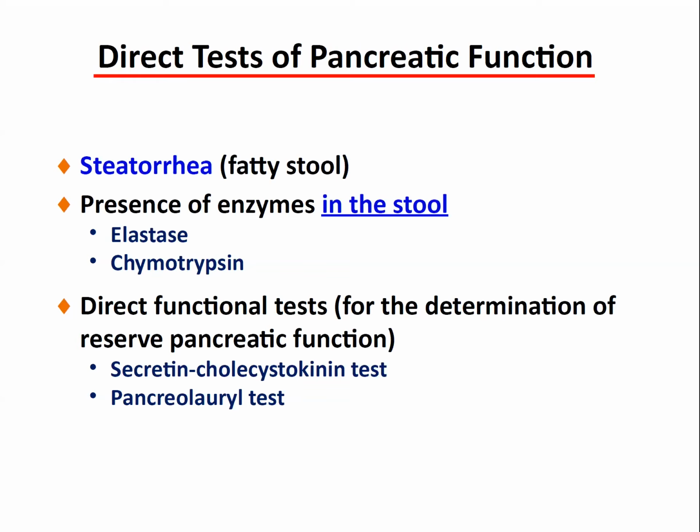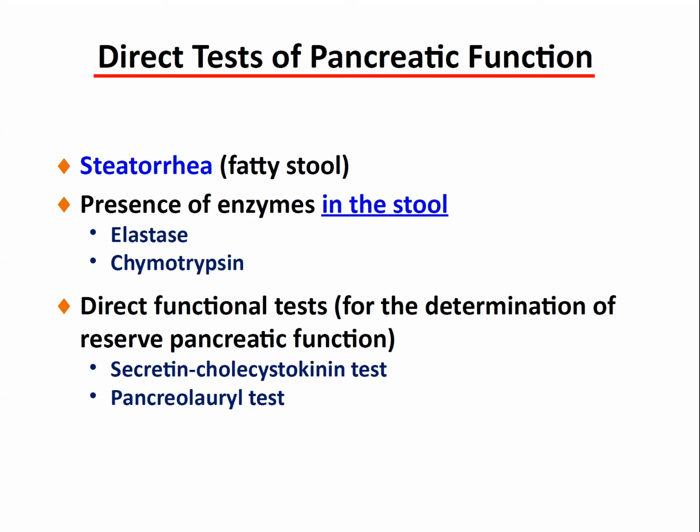Chymotrypsin, trypsin and amylase are not good because these enzymes are degraded during passage. As you know, every pancreatic enzyme is synthesized in a pro-enzyme form, and then they cleave each other and become active. This is why only elastase is good, because elastase is produced proportionate to the enzyme but is not degraded during the digestive process.